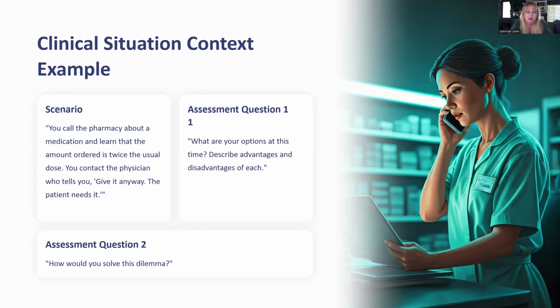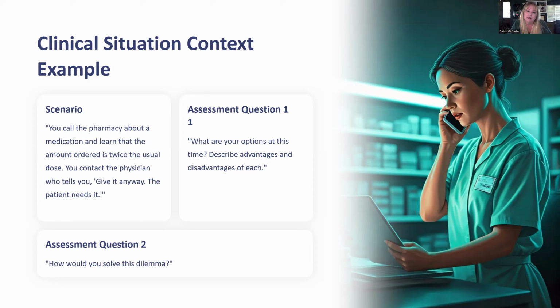So this example uses a realistic clinical ethical dilemma as context for an assessment. The scenario presents a medication dosage concern, followed by physician instructions that conflict with safety standards, creating a complex situation requiring critical thinking.